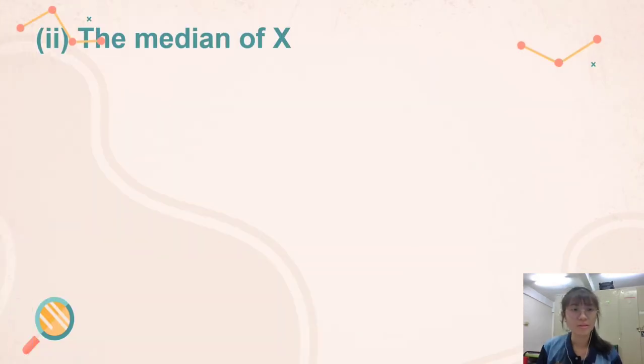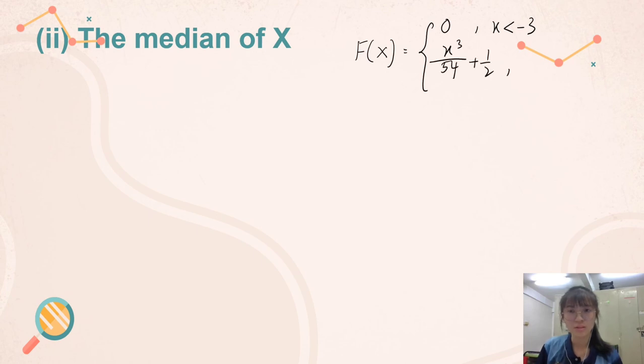Okay, for part 2 of question C, we need to find the median of x. From question B, we have found the cumulative F(x) is equal to 0 for the condition of x less than -3, x cubed over 54 plus 1 over 2 for the condition where -3 is less than x and less than 3, and 1 for the condition of x greater than or equal to 3.